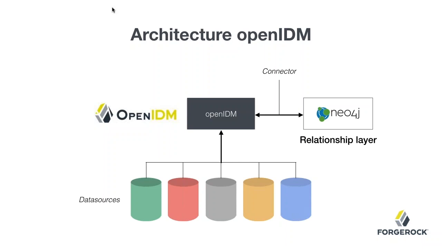The way this works is that they've taken their scripted REST connector capability and built a connector that talks to Neo4j. Then they use that connector along with the rules and mappings that go along with it to inject a series of nodes that are people-based and a series of nodes that are device-based, and then build relationships between them in Neo4j before they pull it back into the traditional IAM. So that's an example of a way of augmenting existing systems with the use of graphs.